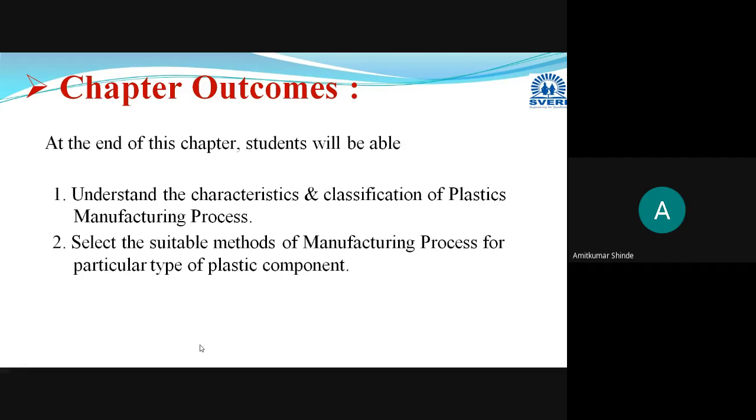Suppose you want to manufacture a plastic bottle, then at the end you will understand which method to select for it. Suppose you want to manufacture a plastic chair, then you will understand by which method you can achieve that product.